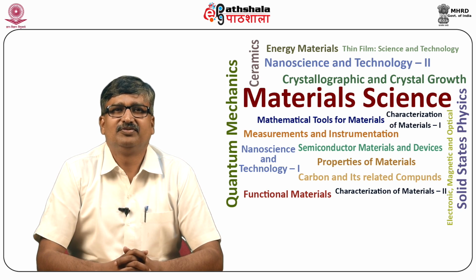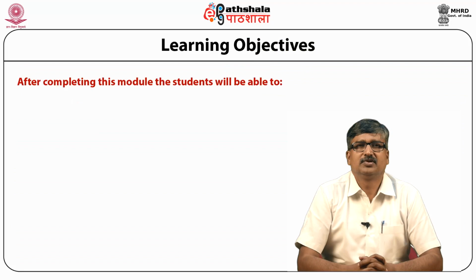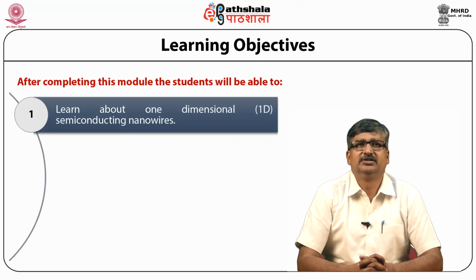Today we are going to talk on module Semiconducting and Oxide Nanowires under the paper Nanoscience and Technology 2. After completing this module, my dear student, you are able to learn about one-dimensional semiconductor nanowire.